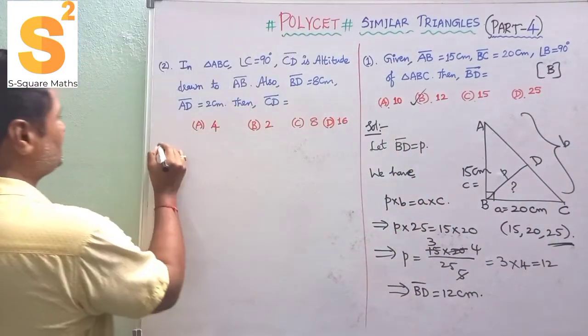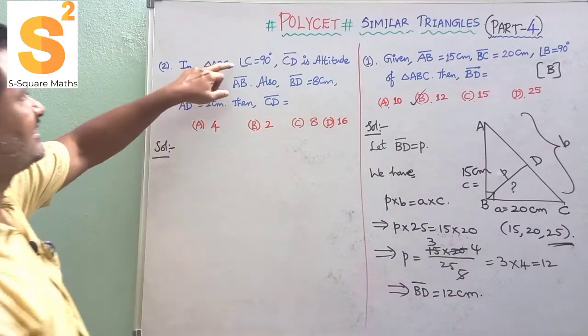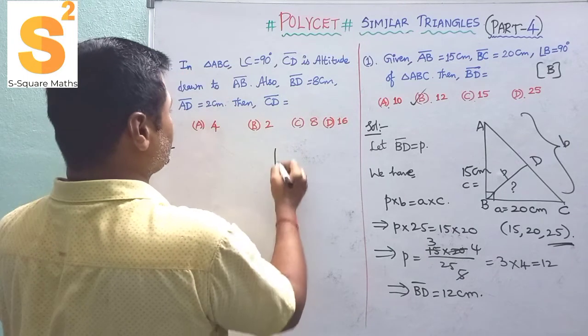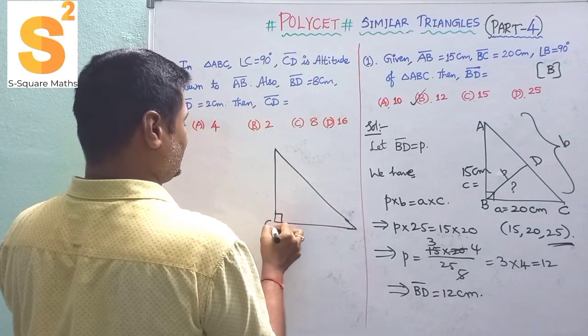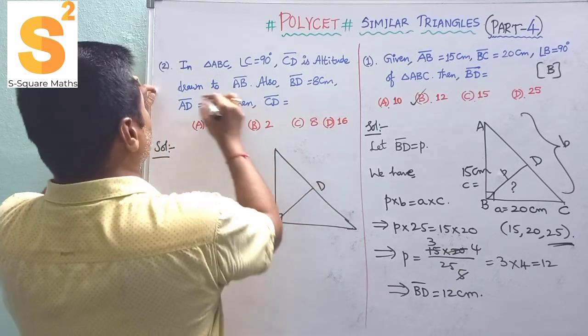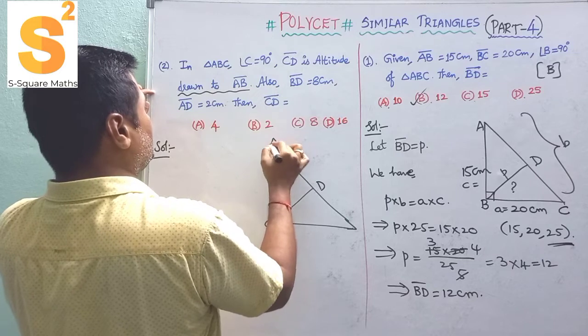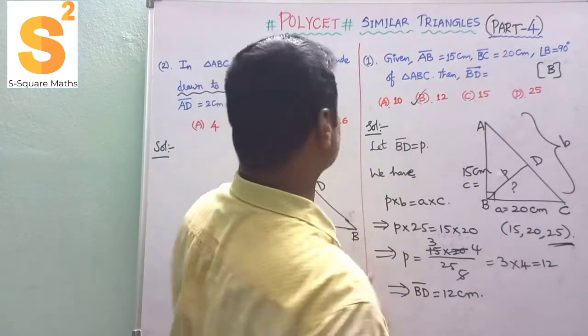Next, coming to the second problem, let us draw a diagram. In triangle ABC, angle C is 90 degrees and CD is the perpendicular drawn to AB. It is not given in the figure, but you can imagine it easily.